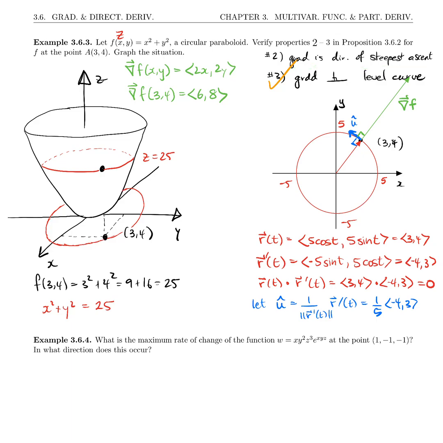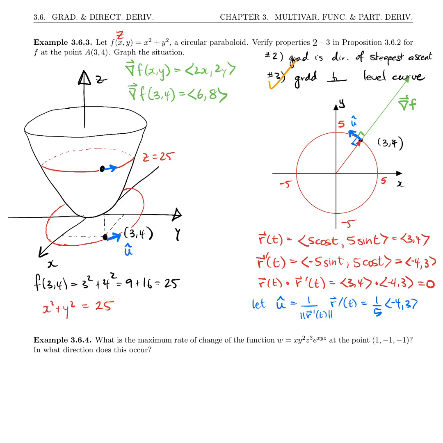So let's go back to our graph in 3D. If we embed u hat down in the xy plane, it's there. If we take the image of u hat, well, it's going to be along the level curve. So our image of u hat is up there on the function surface.